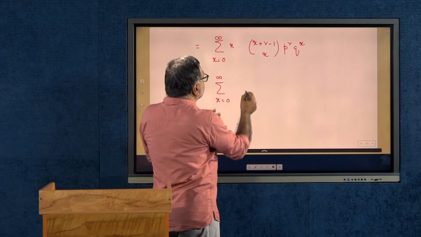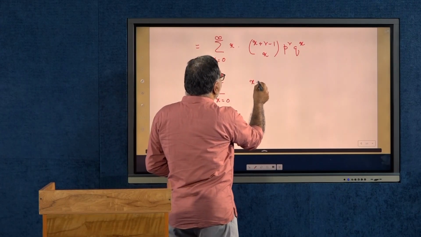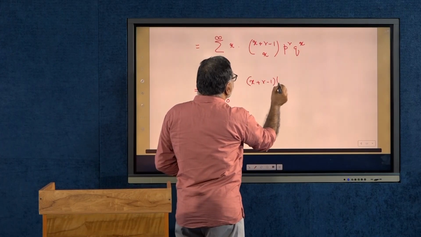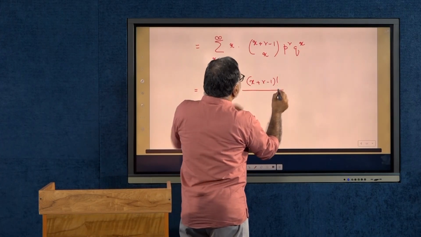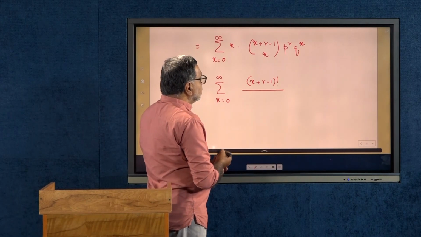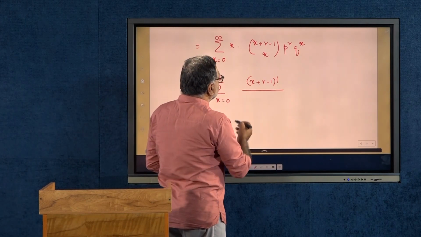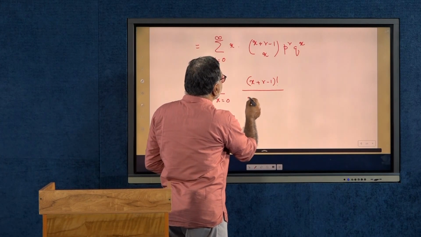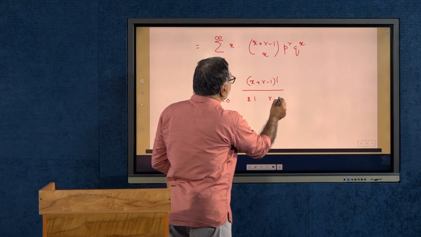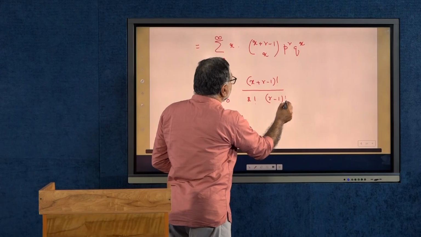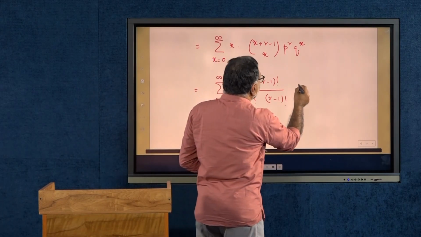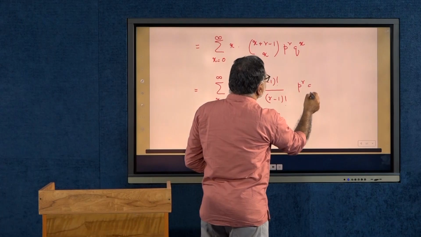We know x plus r minus 1 c x is x plus r minus 1 factorial divided by x factorial and r minus 1 factorial, and x is here, and p power r q power x.